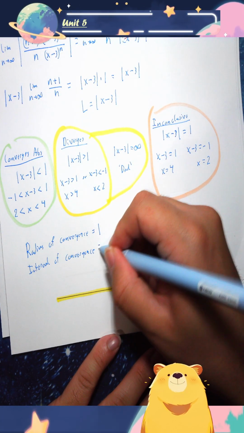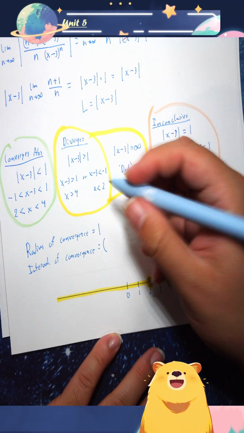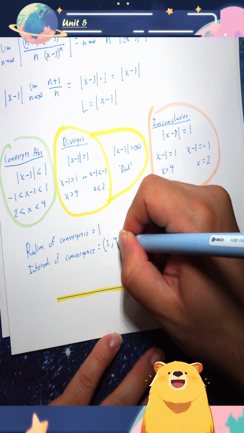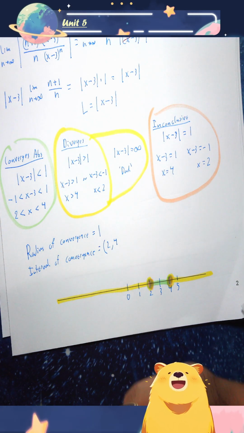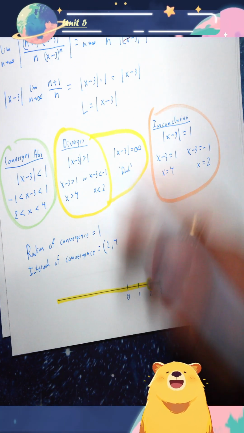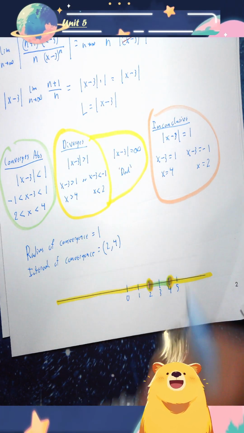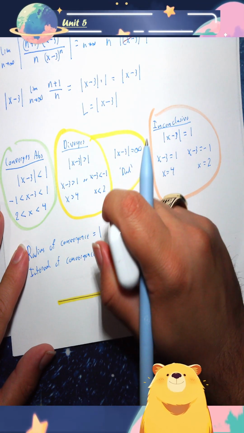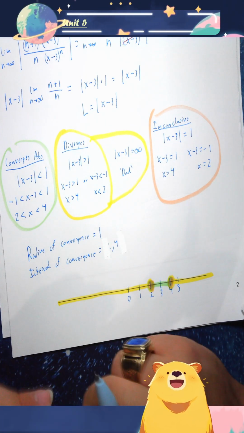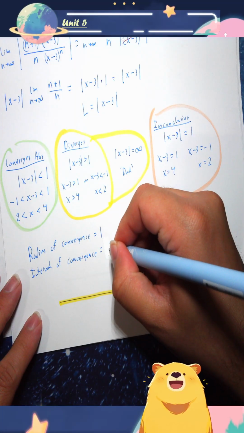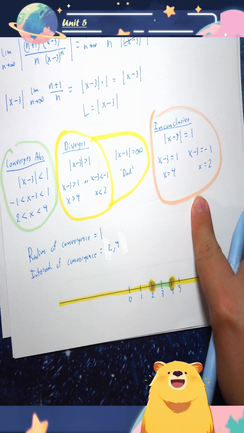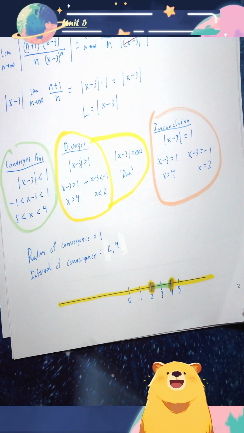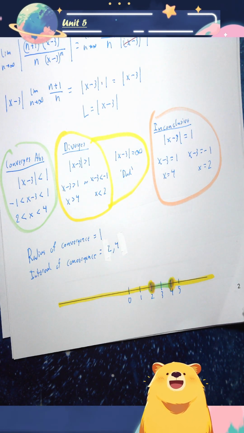And the interval of convergence, where did it converge? Well, we saw it converge specifically at 2, comma 4. But the caveat here is that we don't know if, oh, I already did it, my bad. We don't know if at 2 and 4 it was actually convergent or not, because it was just inconclusive. So you can quickly view the expression at 2 and at 4.